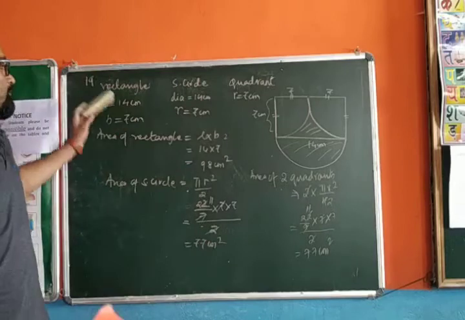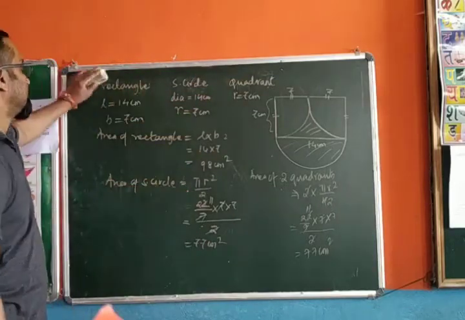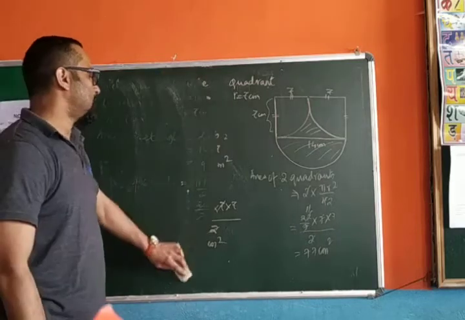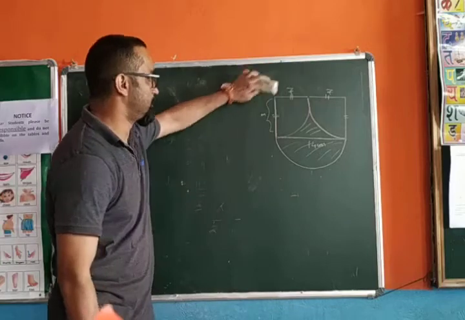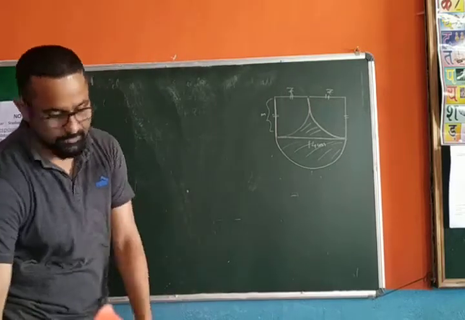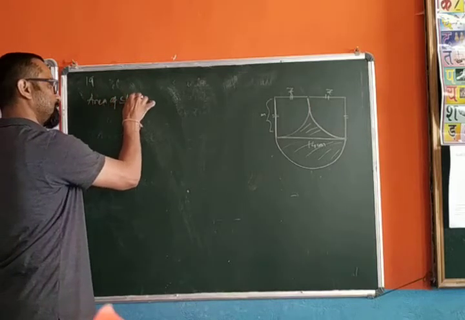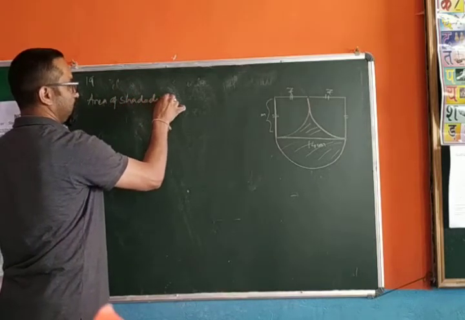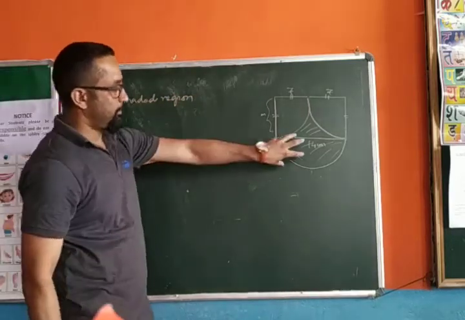Once you find the value for the entire figure separately, the question says calculate the area of the shaded region. Look at this. Area of shaded region. Look at the figure carefully.